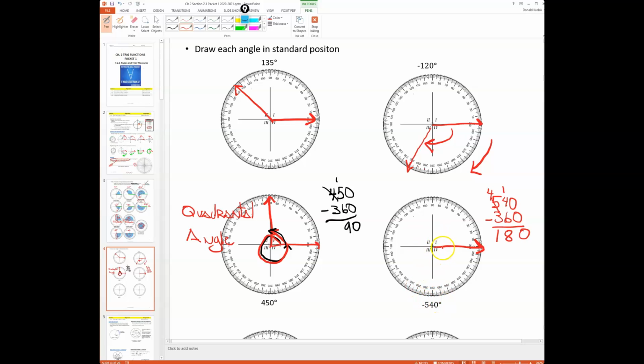We start here, we go around. This is negative 360, and now I've got to go one more half of a circle, and there's our angle. So the terminal side of this angle is on the negative x-axis. So this is also a quadrantal angle.